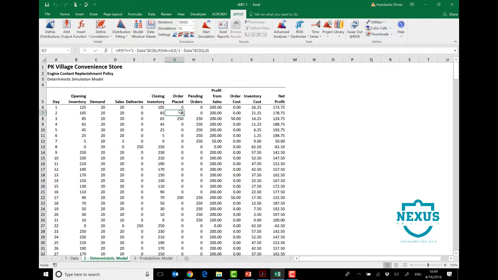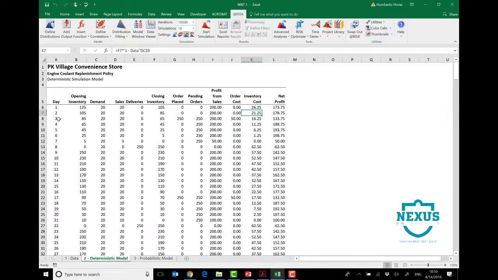We don't place any orders because we're still above the reorder point. We have no pending orders. We sold 20 units, so we have $200 of profit from sales. We have no order cost. And we have $21.25 in inventory cost resulting from the 85 units we have in stock. Our profit that day increased to $178.75, simply because our inventory cost was reduced.